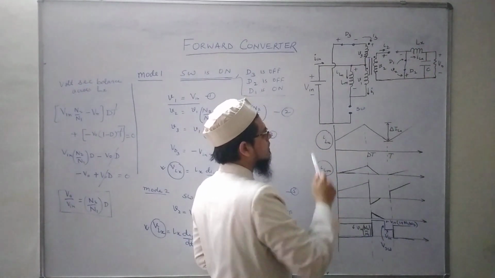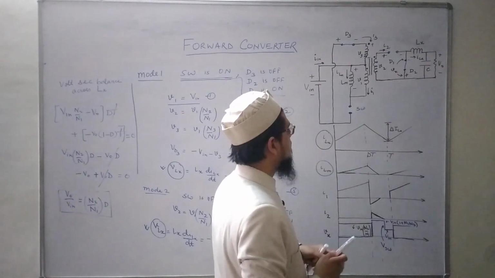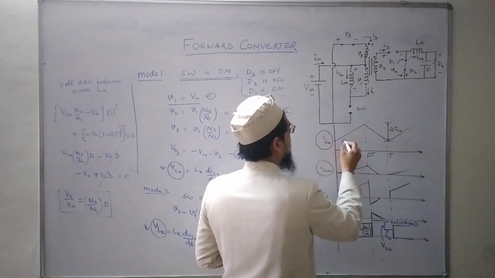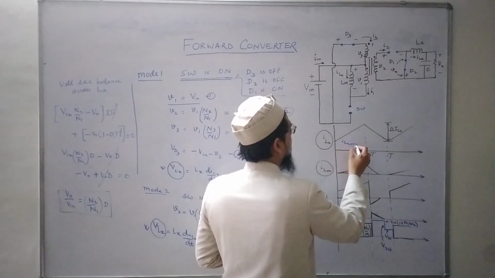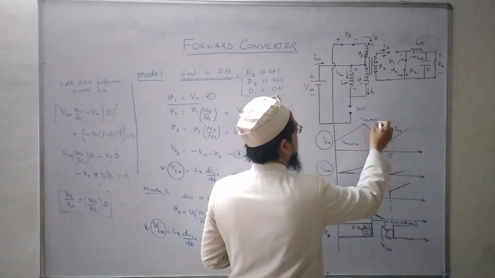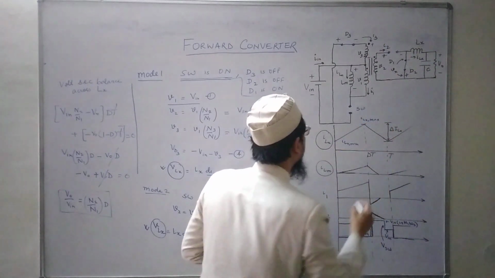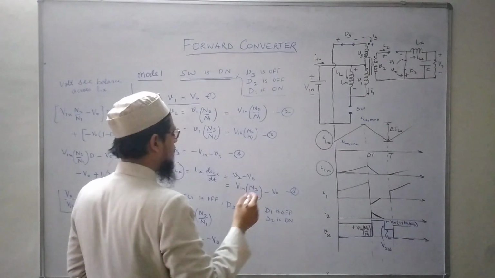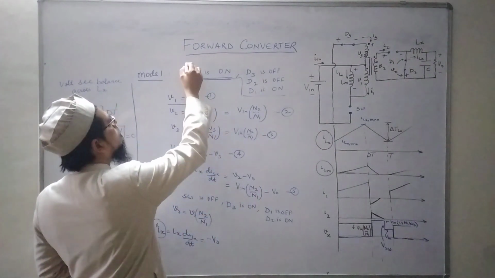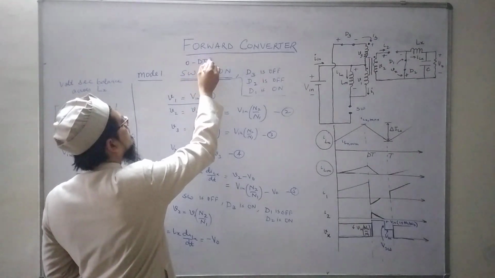Let me draw the waveform for ILx. So ILx starts from some minimum value ILx min, and it reaches a maximum value ILx max, and the increase is linear, because you could see from the expression in mode 1, this mode is from 0 to dT.